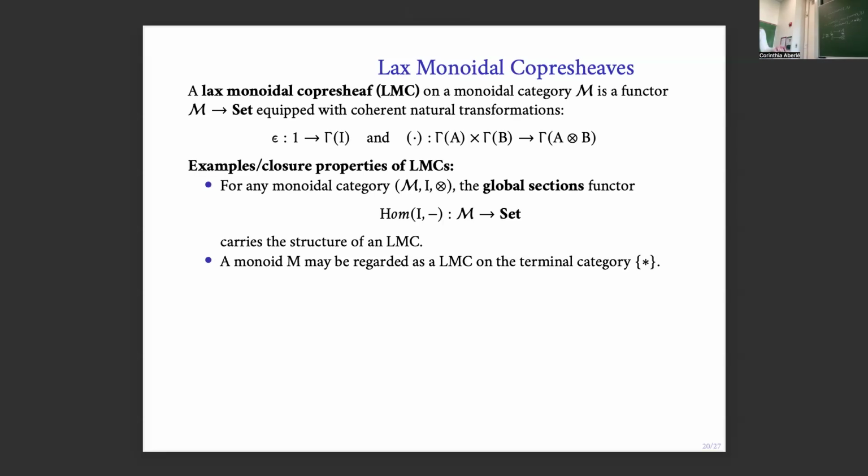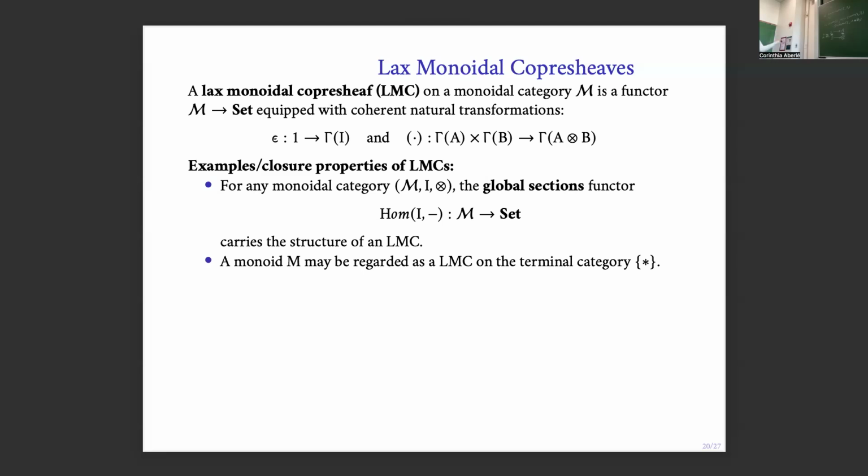And then also any monoid, just a monoid in the category of sets, can be regarded as an LMF on the terminal category. The terminal category is trivially a monoidal category because being a monoidal category is like a two algebraic theory, and so it satisfies all the equations because everything's equal to everything else. But then for a monoid in particular, we have a unit like this and a multiplication map like this, and because the indexing here is trivial, these are all just the same set.